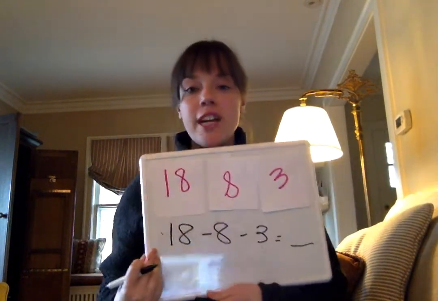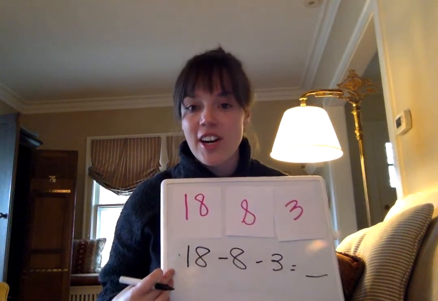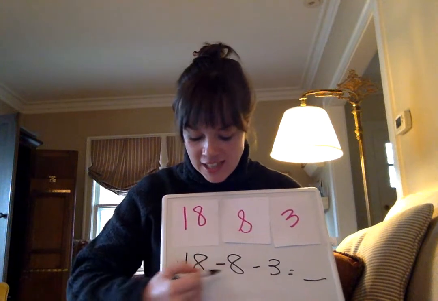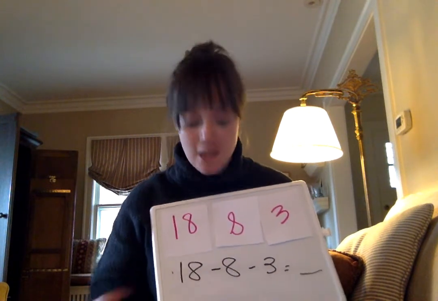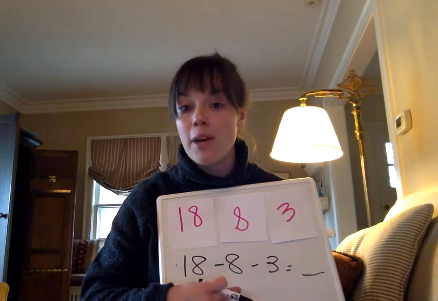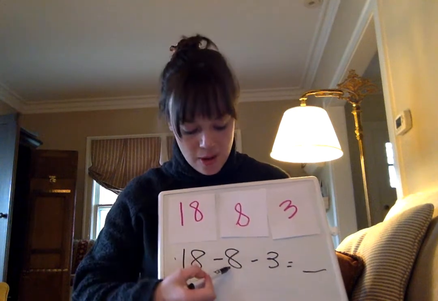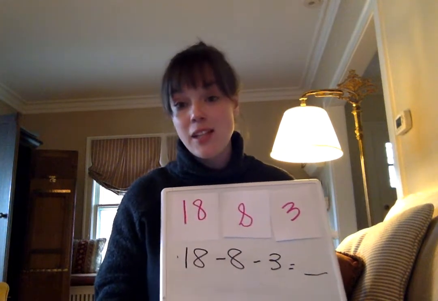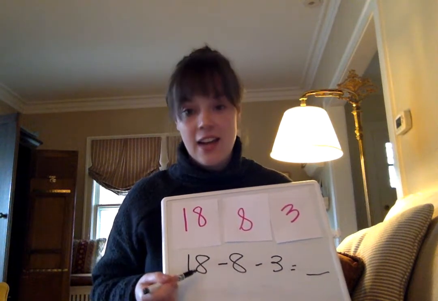I rearranged the numbers in the problem because I find that it's easier to subtract 8 from 18 because we've learned a rule for when we're subtracting a 1-digit number from a teen number, and the number in the ones place is the same in both numbers. So 8 is the same as 8 ones, and 18 is 1 ten and 8 ones.